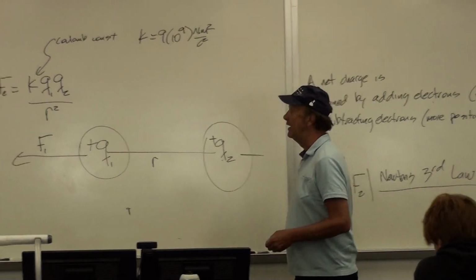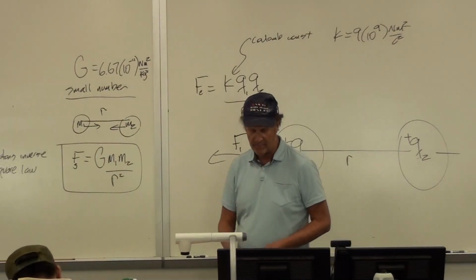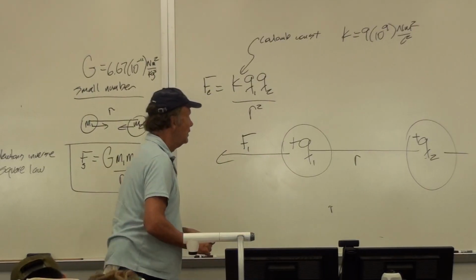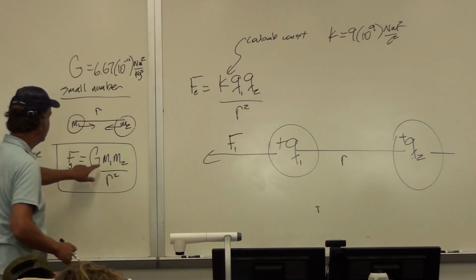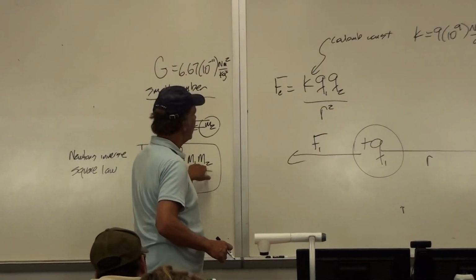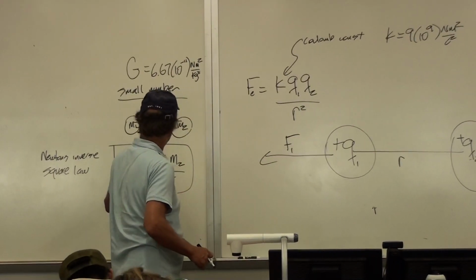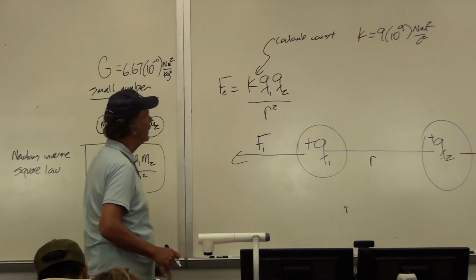Remembering that Newton's third law is for every action force, there's an equal and opposite reaction force. Okay, so we see something that looks really similar if we just make these substitutions. Then mass goes to charge, and big G goes to K.